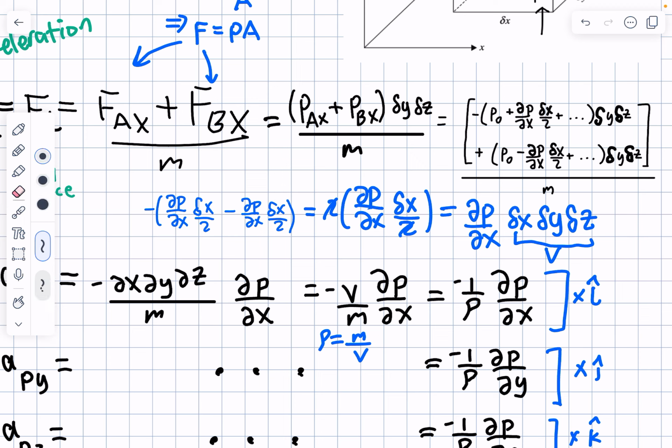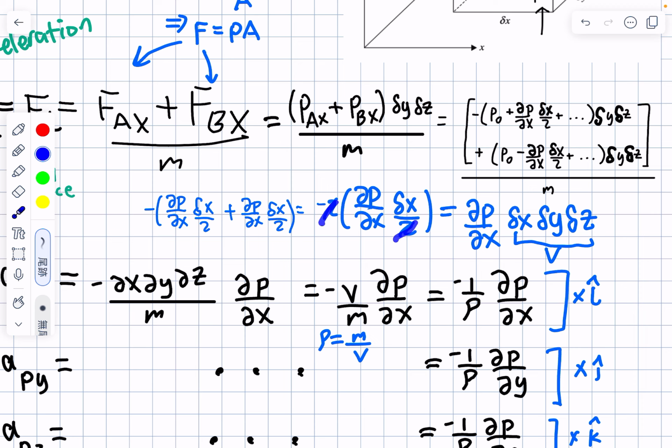Hold on, the minus applies, so minus this term will actually be a plus, so we'll get a minus 2 because these terms add up together, of this partial p partial x times delta x over 2.